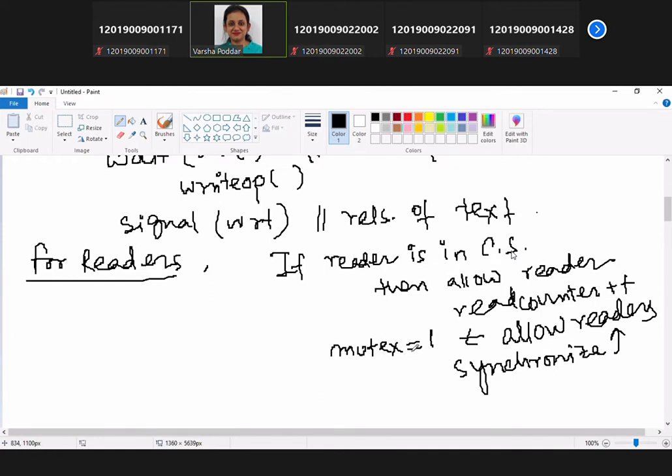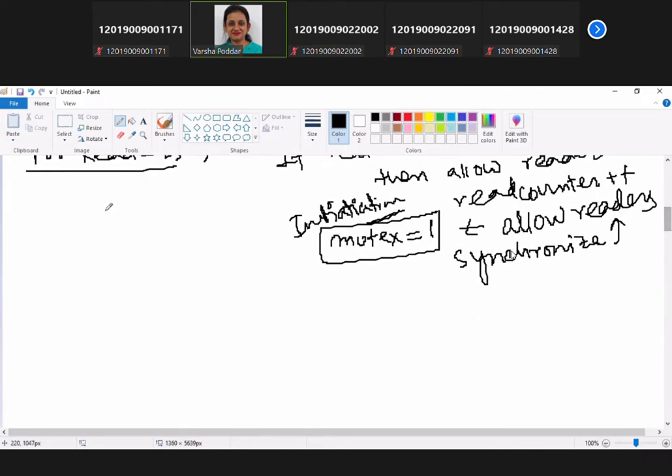Okay, and if I have mutex as 1, then read count. Suppose mutex 1 is my initialization. So by waiting on the mutex, we can allow the readers, right?